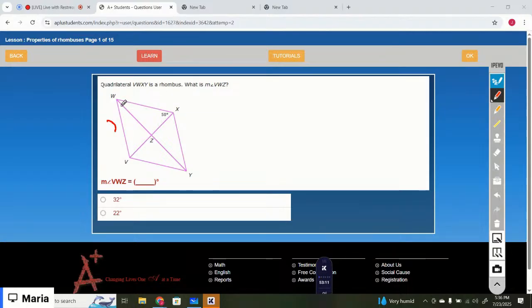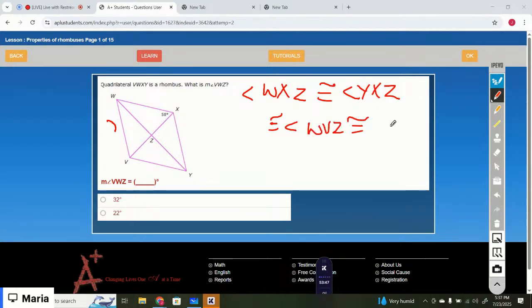Angle WXY is congruent to angle WVY. Angle WXZ is congruent to angle YXZ, right? And that is congruent to angle WVZ and angle YVZ.